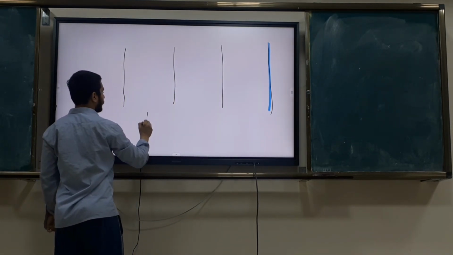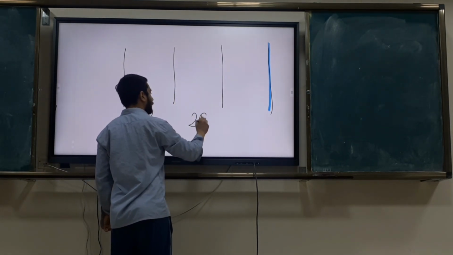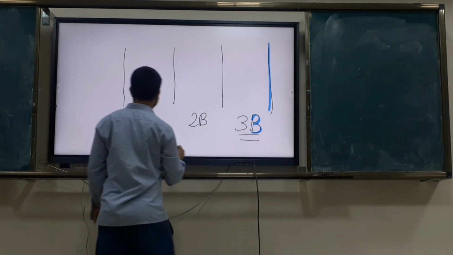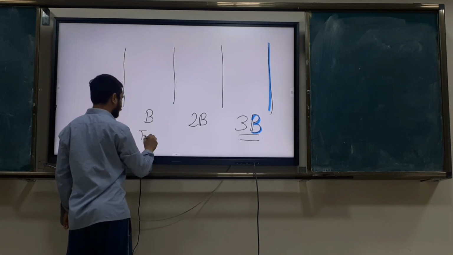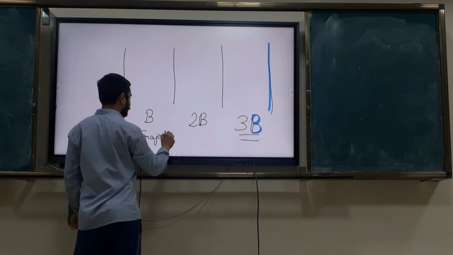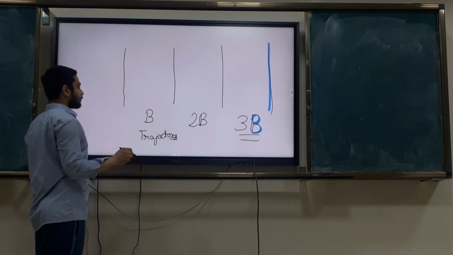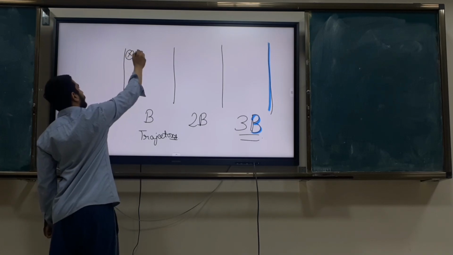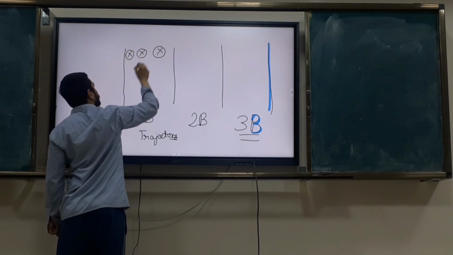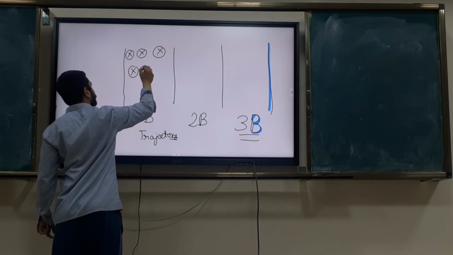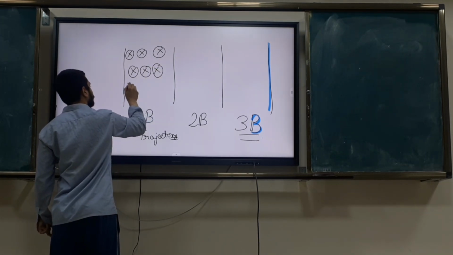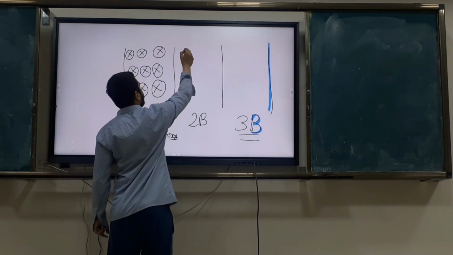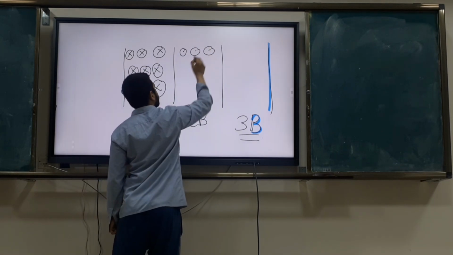So suppose that there is a magnitude of b here, then 2b here, and then 3b here. So what will be the trajectory? We have to tell what the trajectory is. Okay, so suppose that there is a magnetic field here downside. And here the direction of the magnetic field is upside, or the plus k direction.